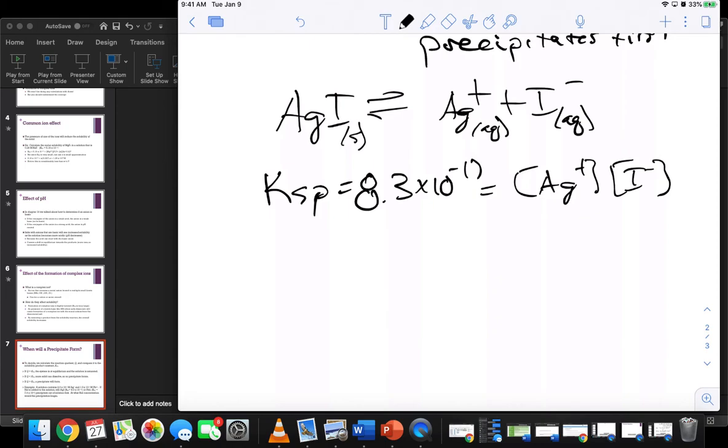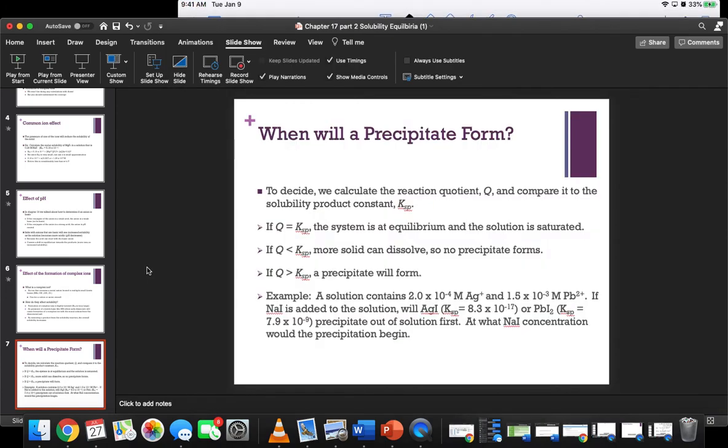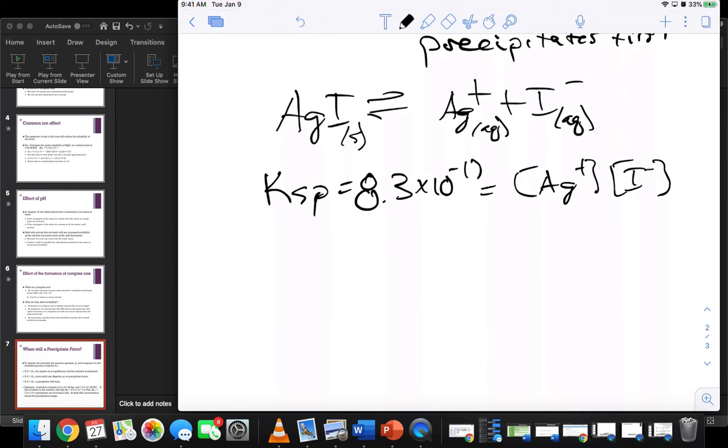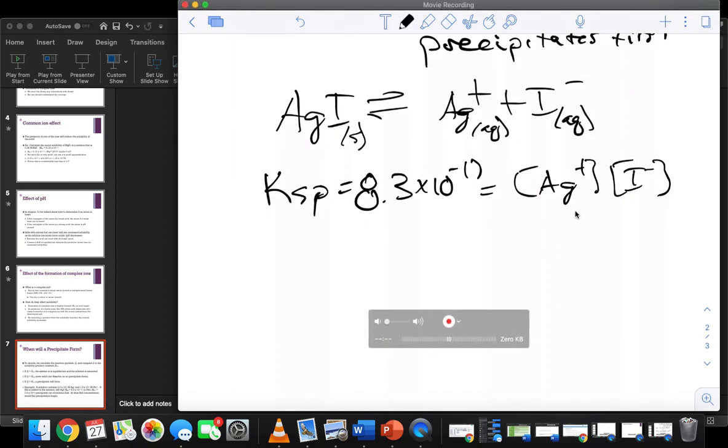But in the problem, they actually tell us that our silver concentration is 2.0 times 10 to the minus 4. So all I need to do is just plug that in for my silver concentration and figure out what iodide concentration is necessary for all of this to be equal to my Ksp. That's when precipitation should start, right? When Q and Ksp are equal. Which is effectively what I'm doing here.